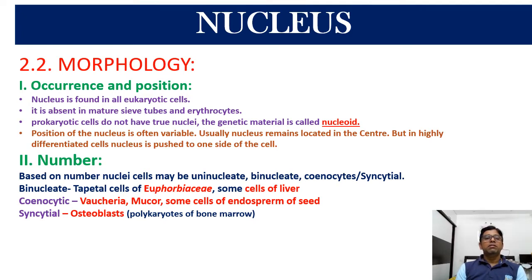When we come to animals, osteoclasts contain more than one nucleus. So these cells are called syncytial cells. Osteoclasts are syncytial cells, the polykaryotes of bone marrow.